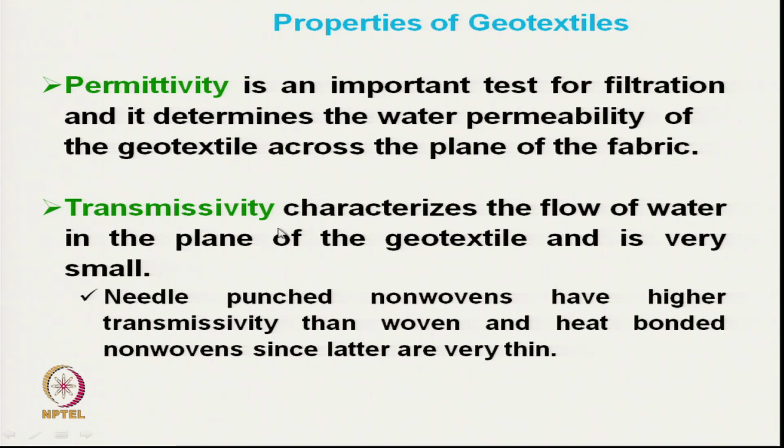It characterizes the flow of water along the plane. Needle punched non-woven have higher transmissivity than woven and heat bonded non-wovens, because they are thick in structure. Needle punched nonwoven fabrics are therefore used for drainage application.